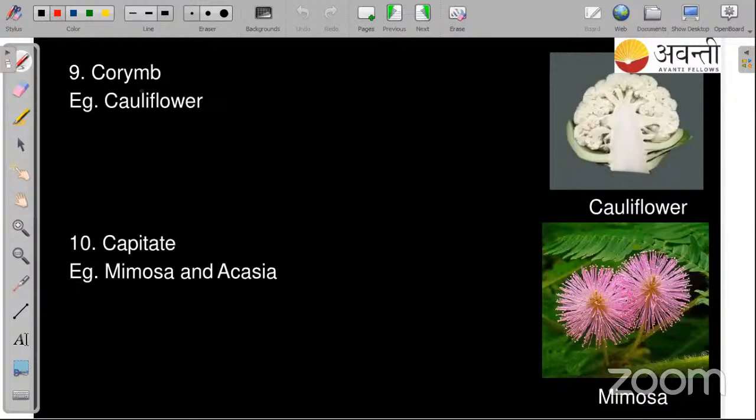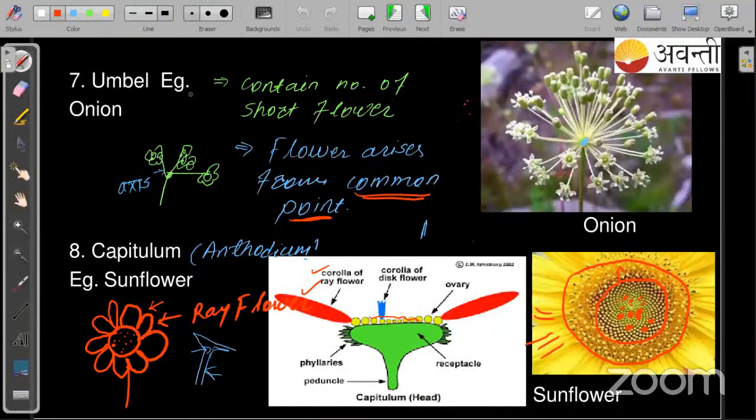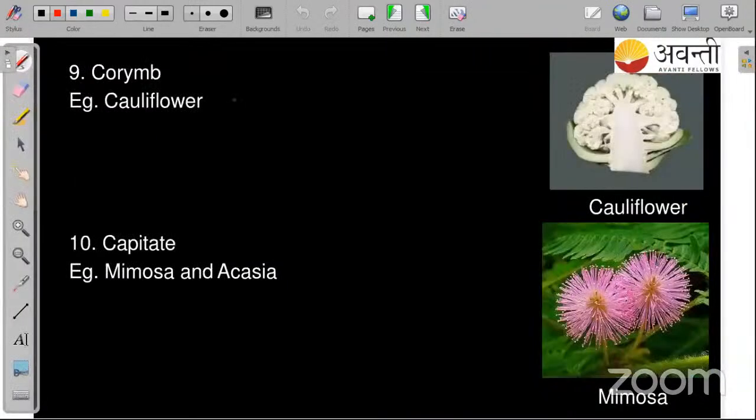So corymb looks like an umbel. But in the case of corymb, there is one point, or this is the axis here, and the flowers are arranged like that.